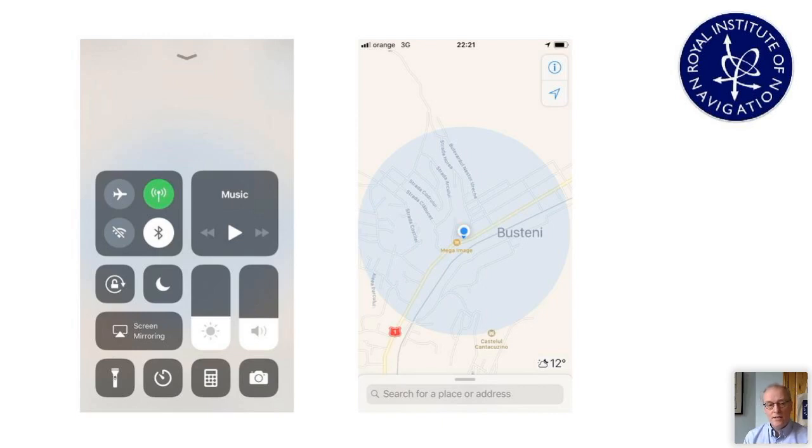And cellular positioning works today in a fairly similar way to Wi-Fi positioning, by looking at the signal level to the nearest base station or base stations, and then estimating the position from that. And phones are quite clever.